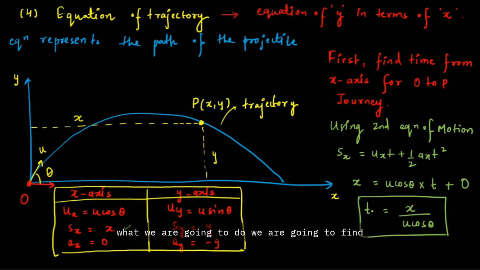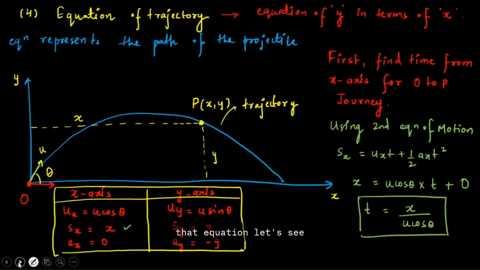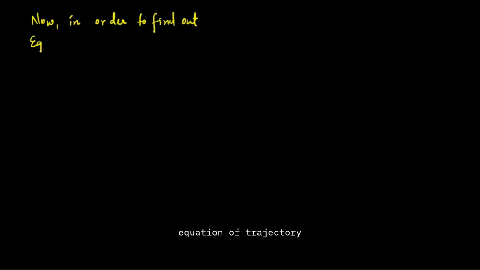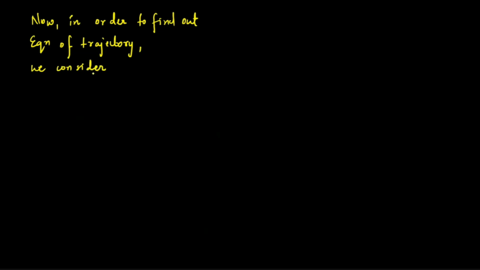Now we are going to find out the equation of y, that is sy, using the second equation of motion once again, and we'll substitute the value of this time in that equation. Let's see how it looks. So in order to find the equation of trajectory, we consider motion along y-axis.